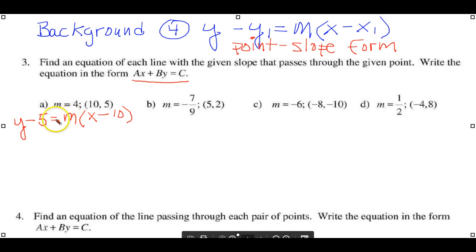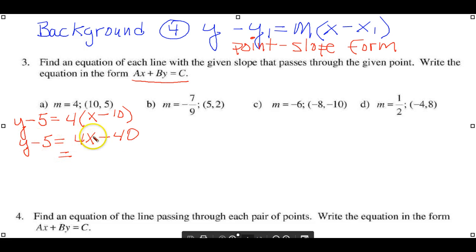So we've just substituted, and I didn't substitute the slope here. I have to put a 4 there. There we go, much better. Okay, now we clear parentheses. So y minus 5 equals 4x minus 40.